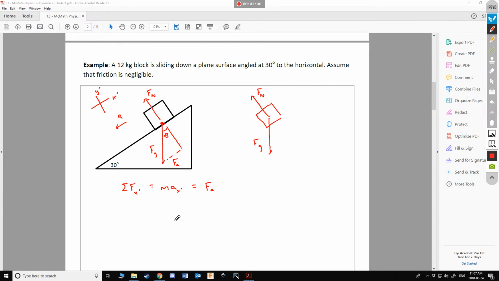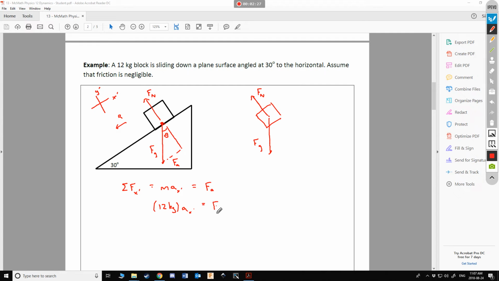We can say, okay, Fa, this is just equal to, so our mass is 12 kilograms. We're looking for acceleration along that inclined direction. And this is just equal to Fa, which is opposite theta.